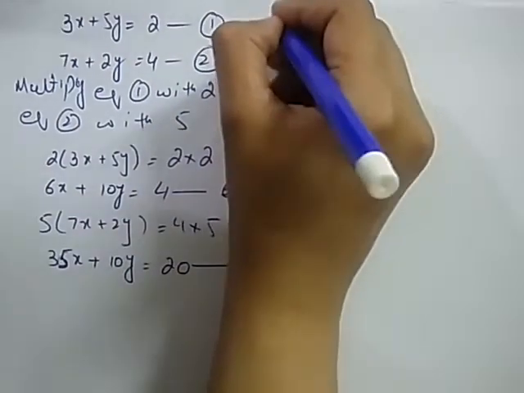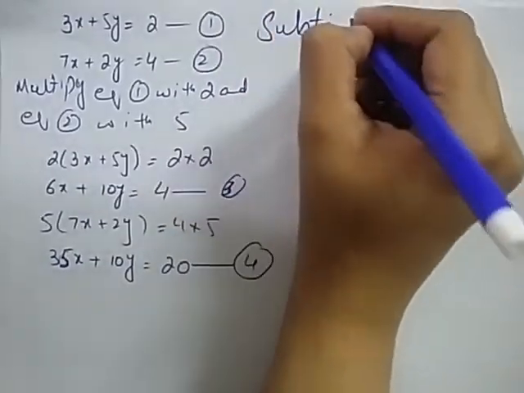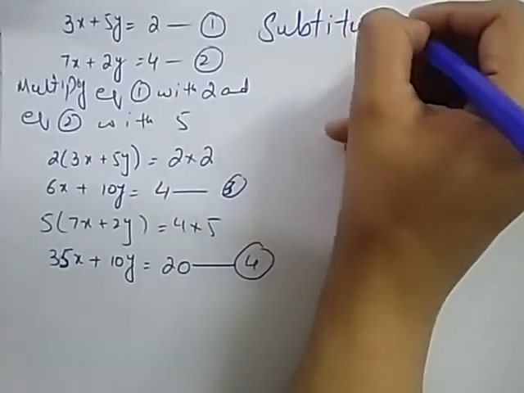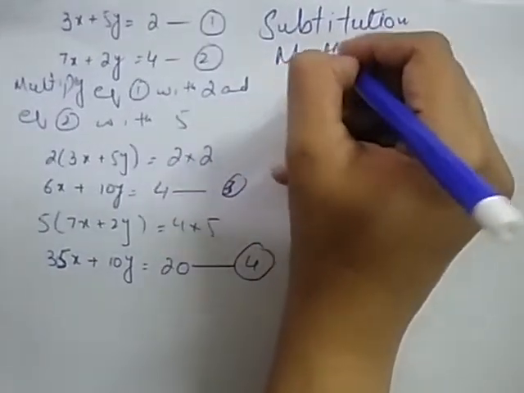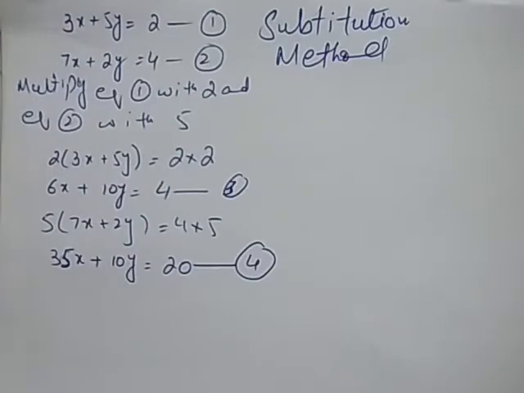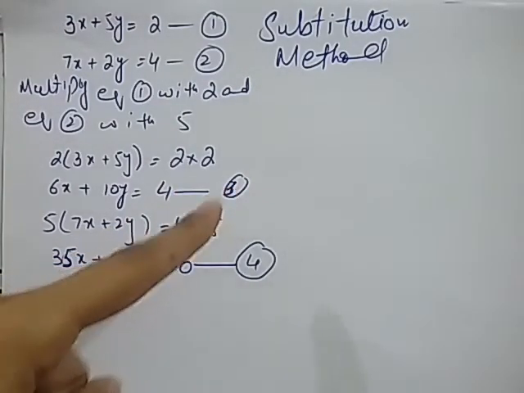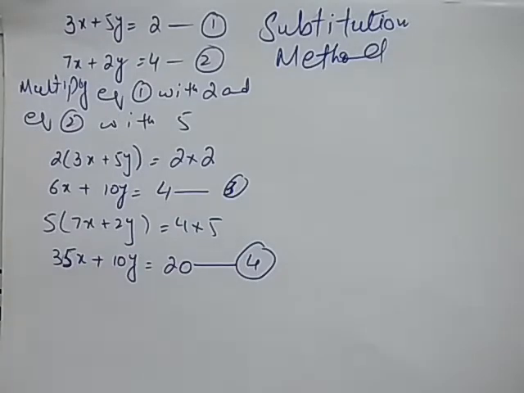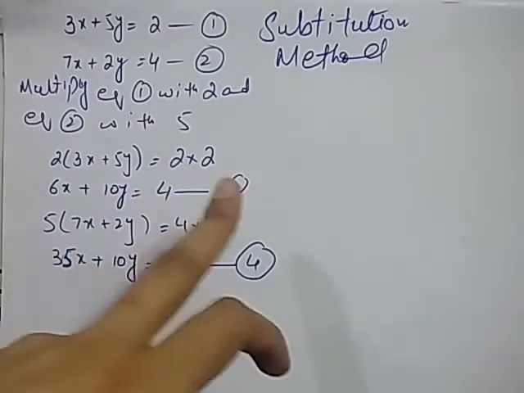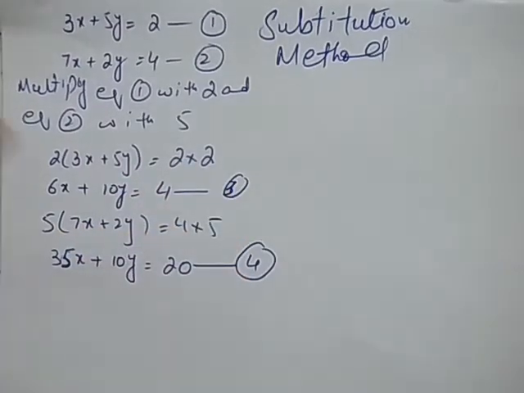It is easy for us to substitute the values. You have to solve it by the substitution method. Now it's up to you whether you want to take the value of 10y from equation number 3 or from equation number 4.